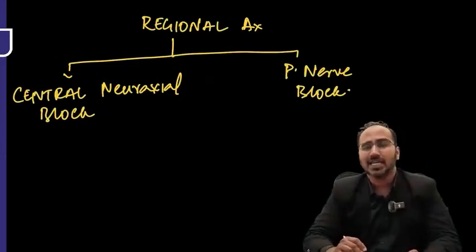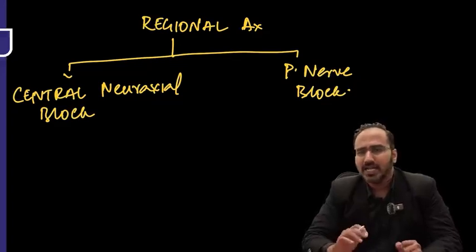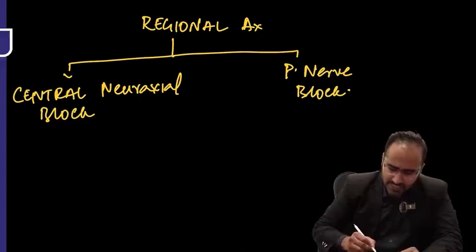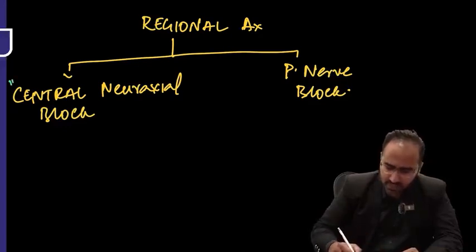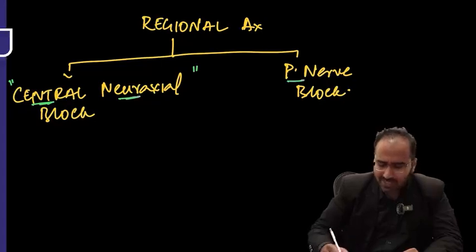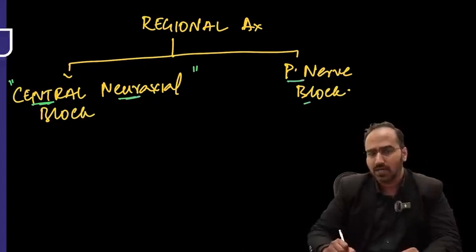Now, guys, starting with this topic called regional anesthesia. In regional anesthesia, we divide it into two halves. One is called central neuraxial block, the other is called peripheral nerve block.